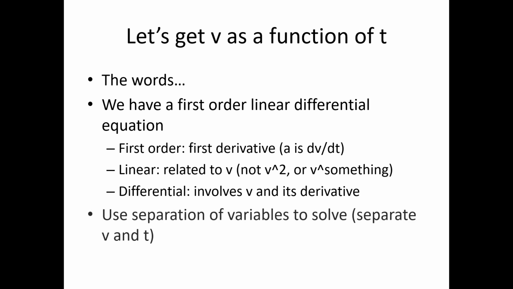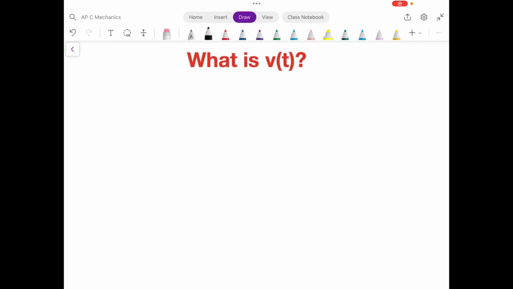So what we'll do is separate variables and integrate both sides in order to solve for velocity as a function of time. Starting with Newton's second law, the mass times acceleration, as this person is skydiving and falling out of a plane, is equal to the downward force of gravity minus the resistive force of the air.